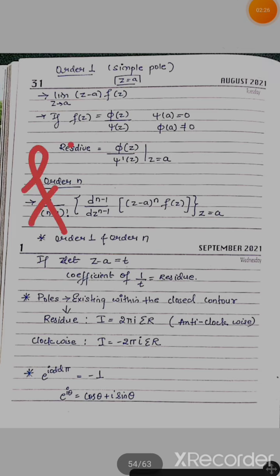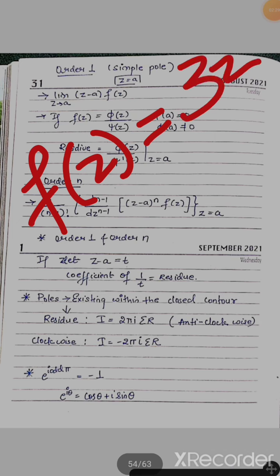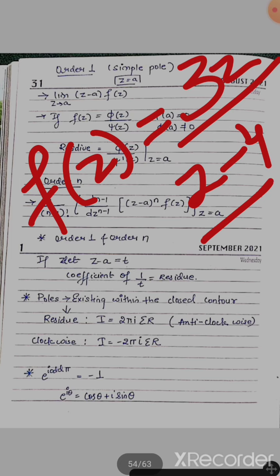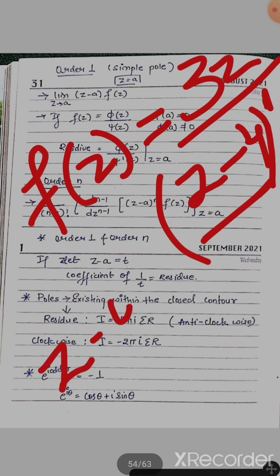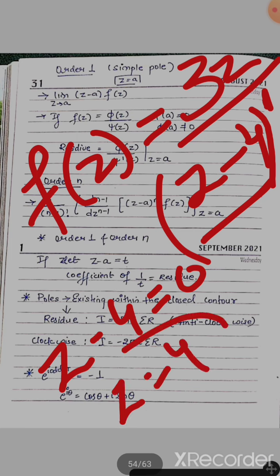If you apply this formula, basically you will be getting a question something like this. You will have some function like f of z is equal to 3z divided by z minus 4. This is the sort of question you will be getting. See, this is of order 1. If it is an order 1 pole, then z minus 4 is equal to 0, that is z is equal to 4. It is a simple pole at z is equal to 4.